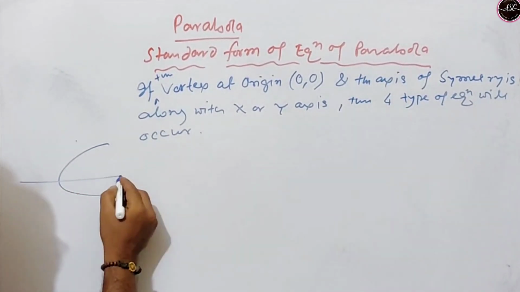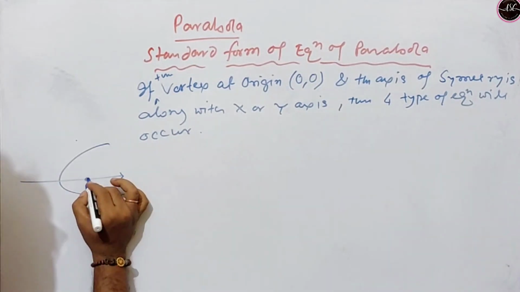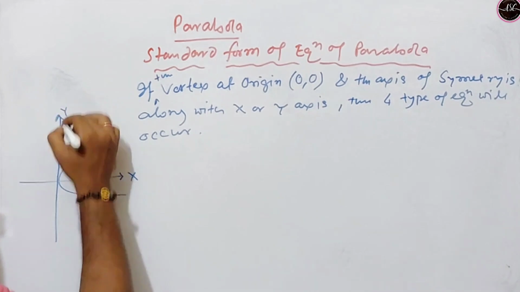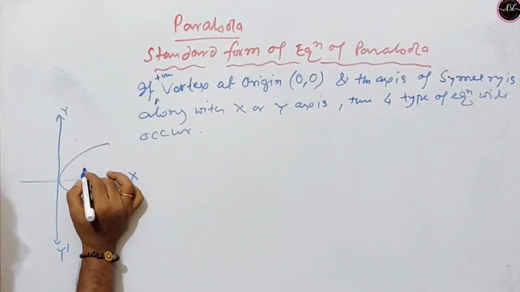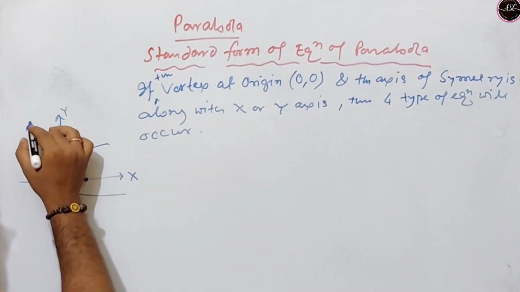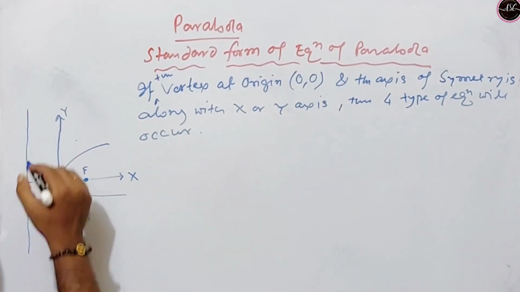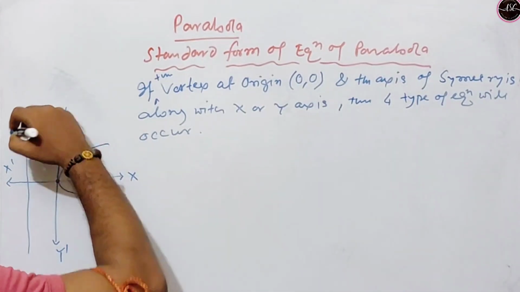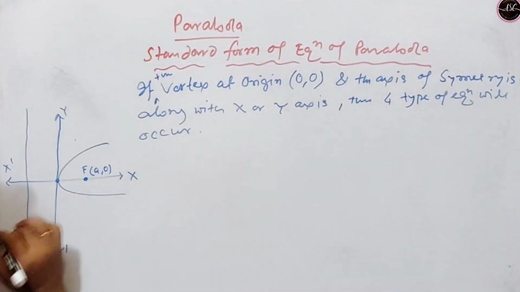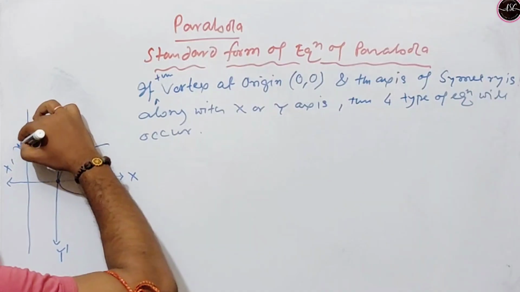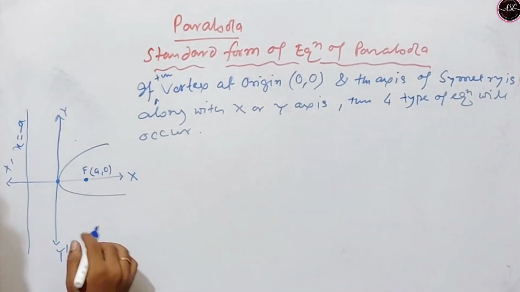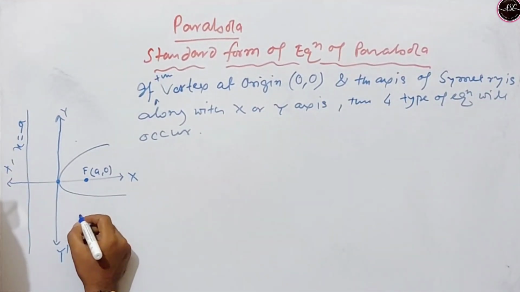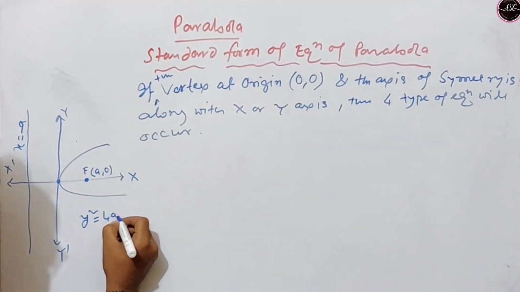This is a parabola and the axis is along the x axis, this is the x axis, and this is the y axis, y dash. This is the focus F, this is the vertex, and the directrix is this. Let F equal (a, 0) be on the x axis and the directrix equation be x equal to minus a. So the equation of this parabola will be y square equal to 4ax.